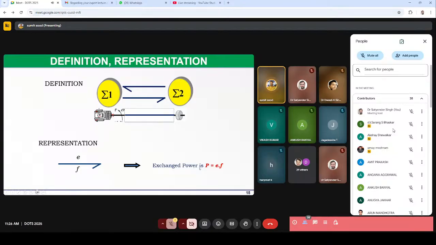For the bond graph, the product of effort and flow is always power. For example, here the power being exchanged between the motor and this load is mechanical power, so it can be represented by effort, that is your torque, and omega, that is your flow.